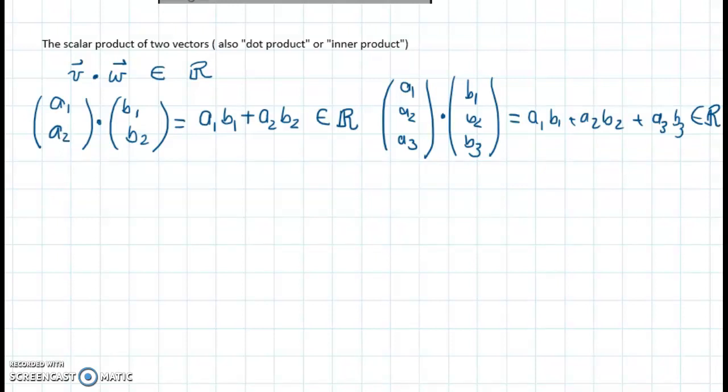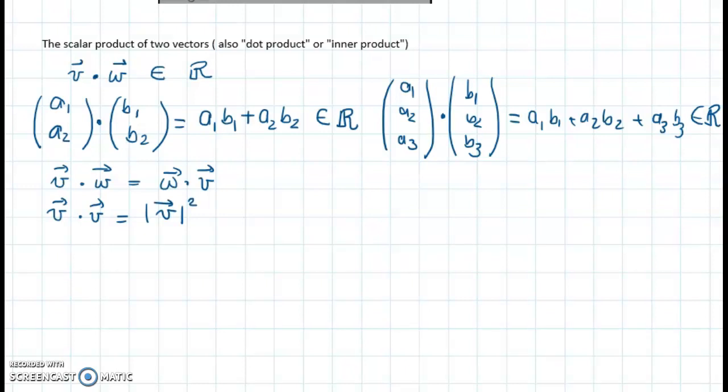Some properties that we can check very easily: since we are multiplying the coordinates, which are real numbers, it is the same to multiply v dot w or w dot v. You can also check that if you have vector v and you dot it with itself, this is going to give you the length of the vector v squared.